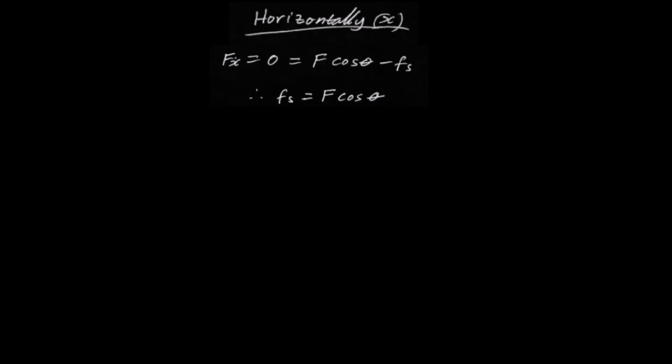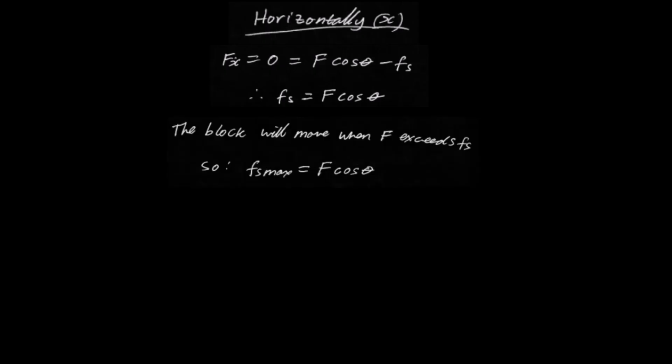This means that our force of static friction is equal to F cos theta. And that block won't move until we hit some maximum value. That means the block will only move when our driving force, in this case our F cos theta, exceeds Fs. And this is the point where the block will slip, when F cos theta equals Fs.